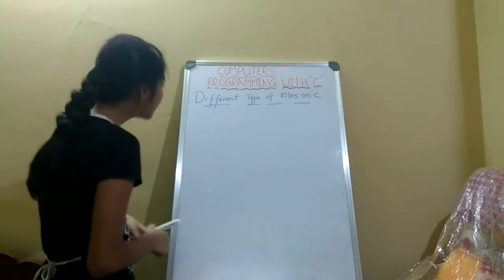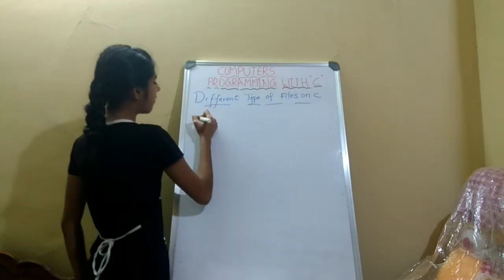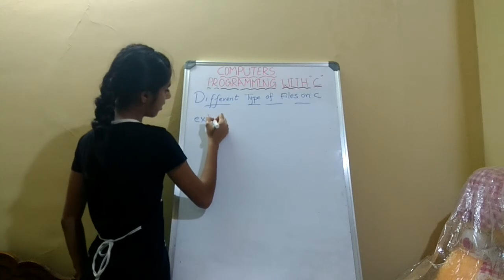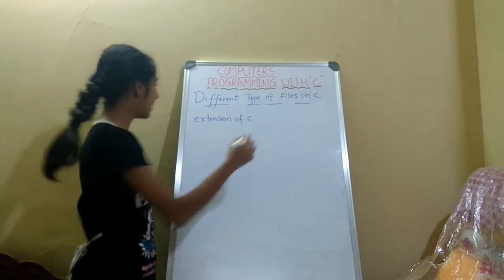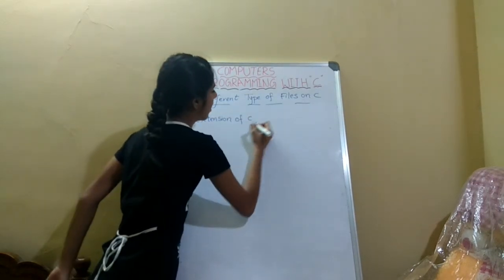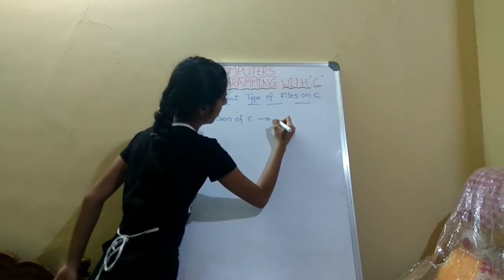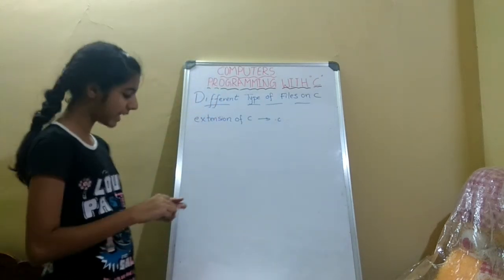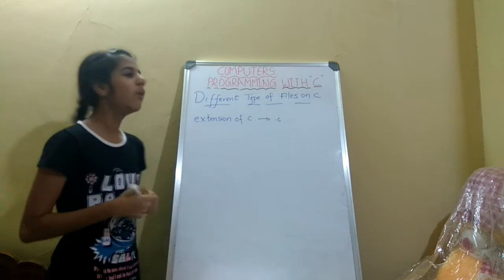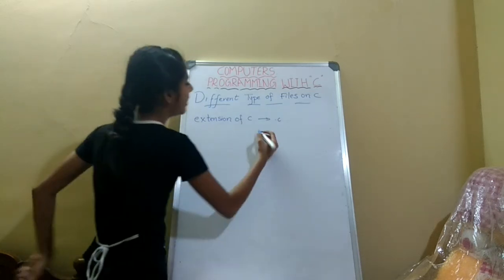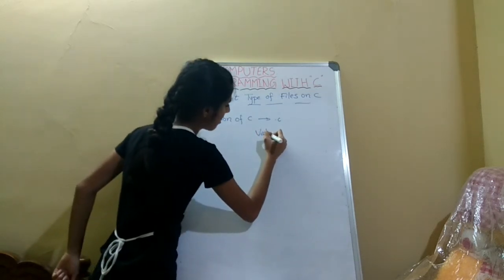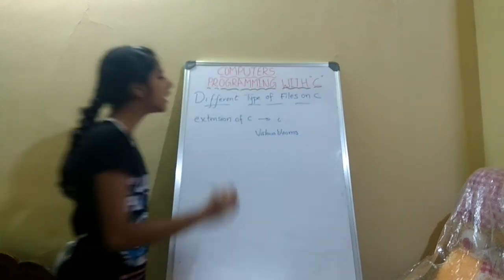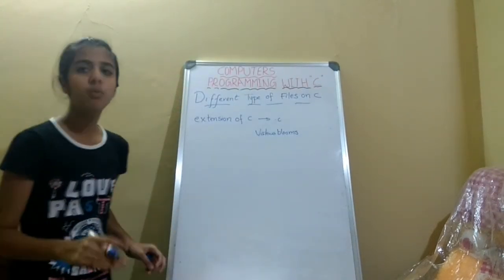Different types of files in C. The extension of a C file is .c. When you create or save a file, you will give some name. Suppose you give just Vishwablooms, that won't work.